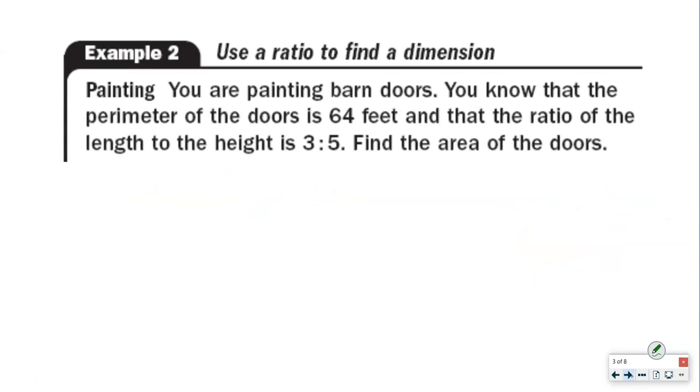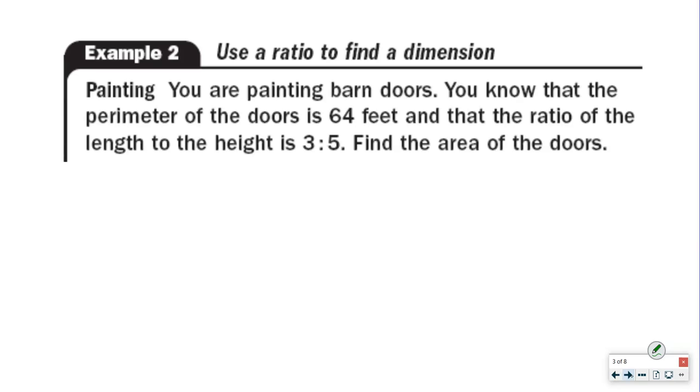Now, how can we use a ratio to find a dimension? Let's say we're painting some barn doors. We know that the perimeter of the doors is 64 feet, and that the ratio of the length to the height is 3 to 5. We need to find the area of the doors.